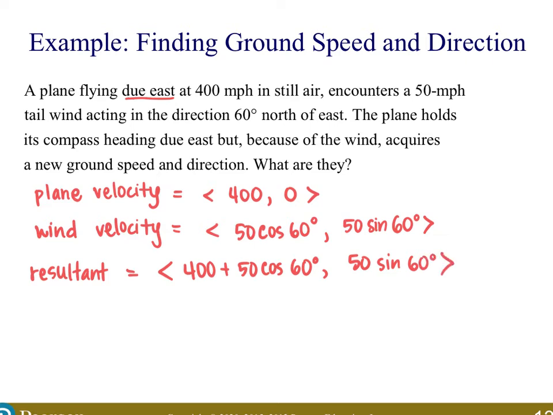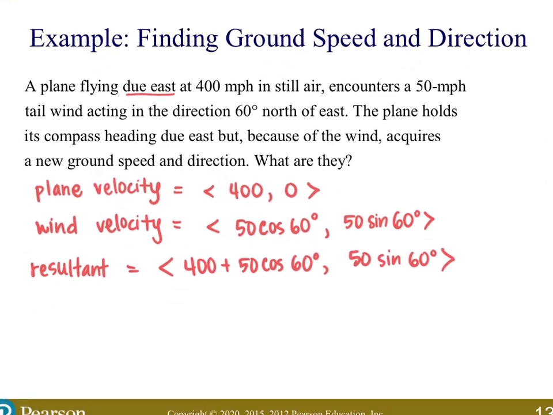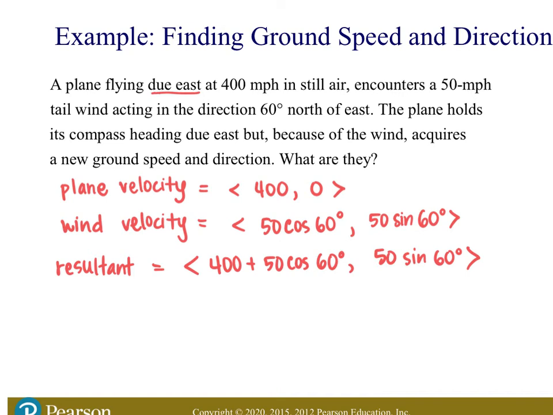To find the speed, we'll go back and check. Speed is defined here as the magnitude of the velocity. So we have the velocity vector, and now we need to find the speed. So the speed should be the magnitude of the resulting velocity that we just figured out.